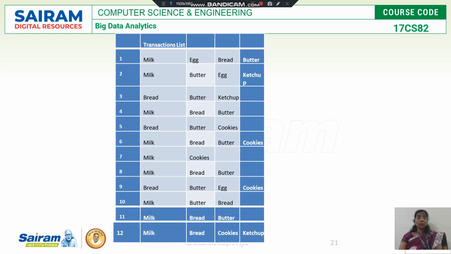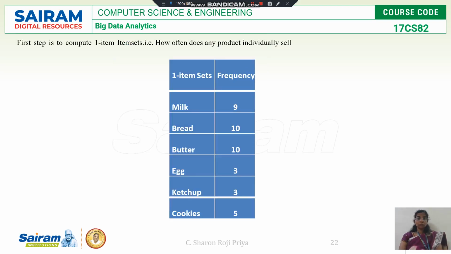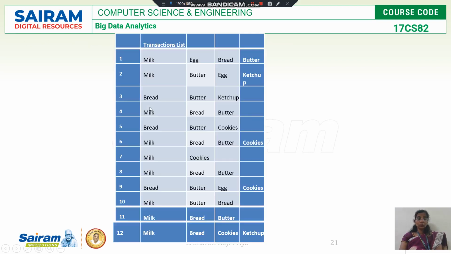It should satisfy the minimum support level, the user specified support level. Going through this transaction list, you could find many items: milk, egg, bread, butter, ketchup, cookies. 6 different items are there.